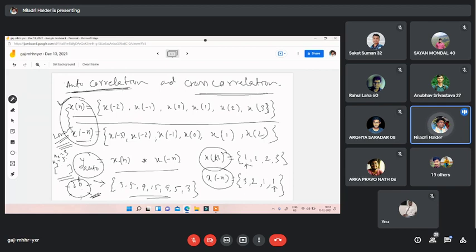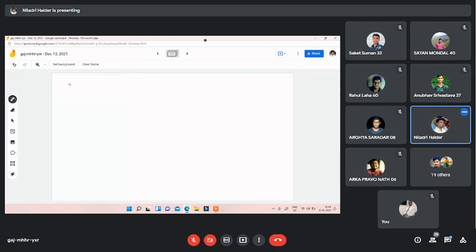Instead of one sequence, two sequences will be provided: x1[n] and x2[n]. For cross correlation, if you need to check the characteristics of x1[n], make x2[n] a mirror image, meaning calculate x2[-n], and do the linear convolution between x1[n] and x2[-n].